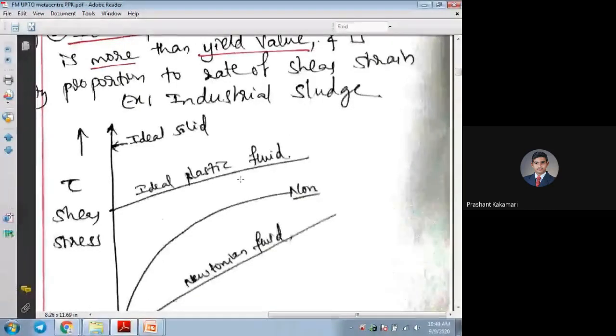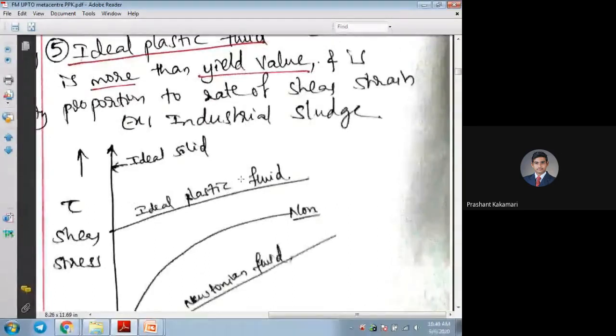Until that part, it has to overcome the resistance to change the velocities. Like a very heavy viscosity fluid or the industrial sludge or the waste, if you consider, you have to apply maximum pressure, and once it crosses some limit of the given stress, then only it will start flowing.